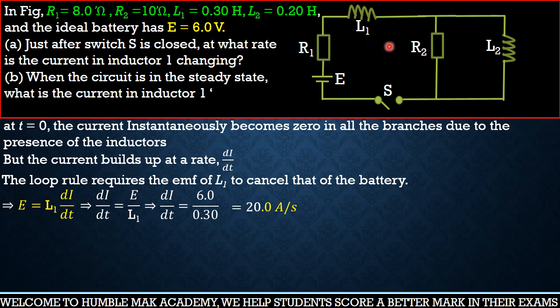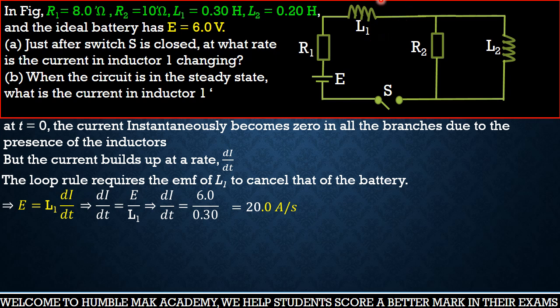And consequently, when the EMF across the inductor, or the potential difference across the inductor, becomes 0, the inductor L1 and this one as well behaves just like an ordinary conductor.